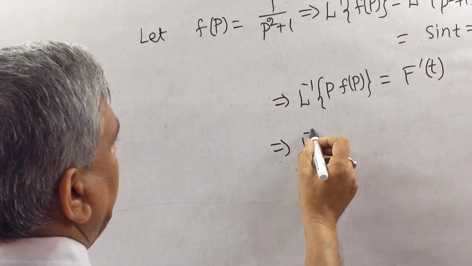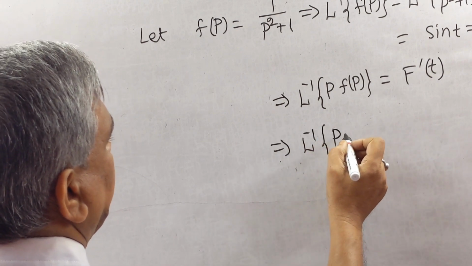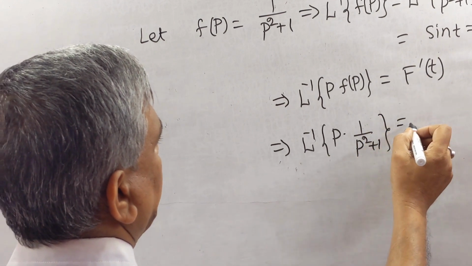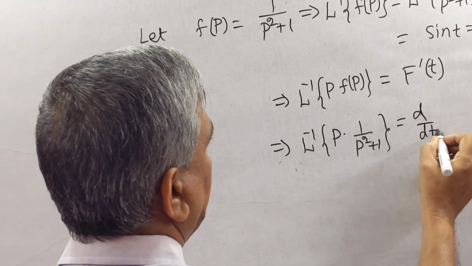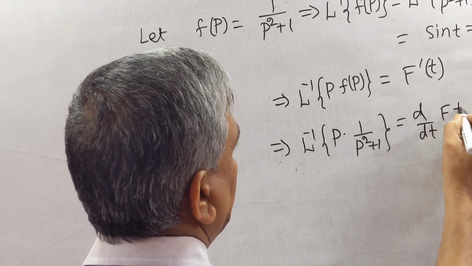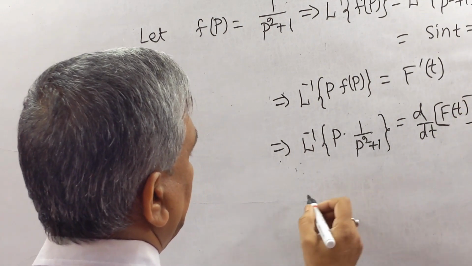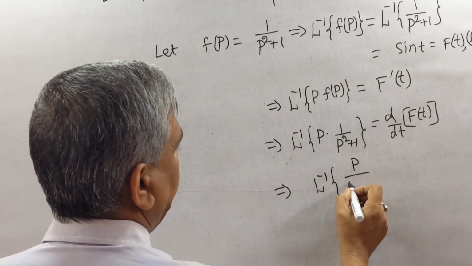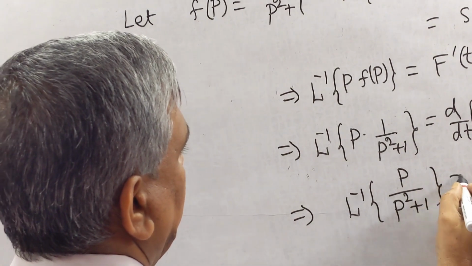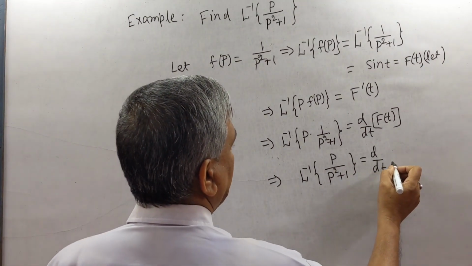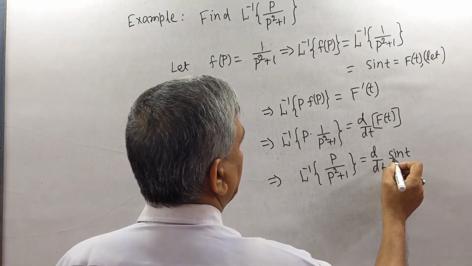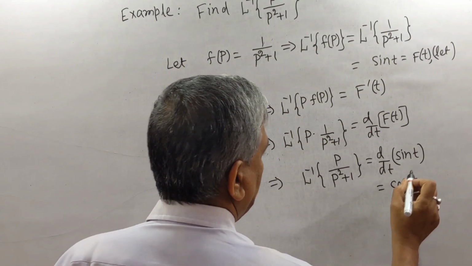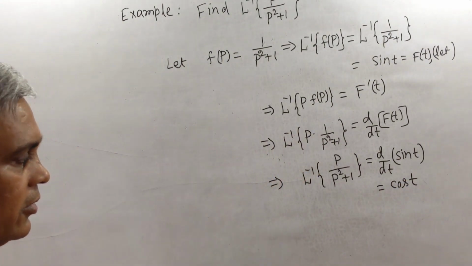So L inverse p/(p square plus 1) equals d by dt of sin t, which equals cos t. This is the required result.